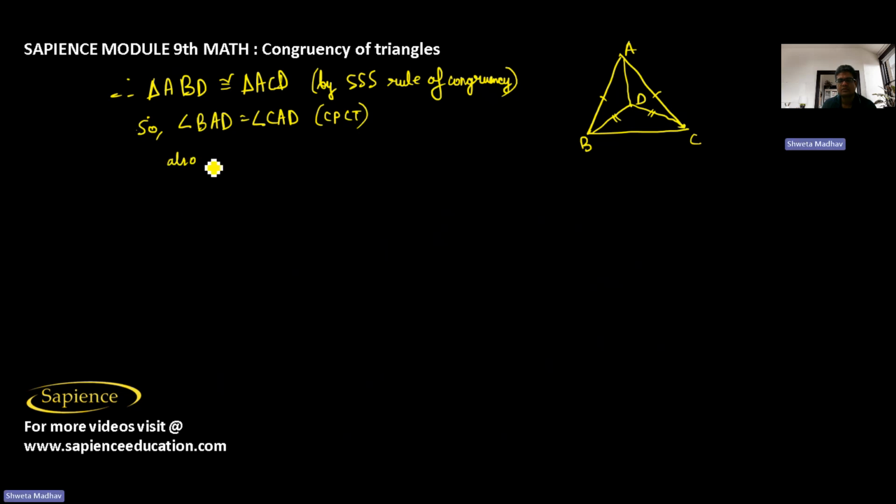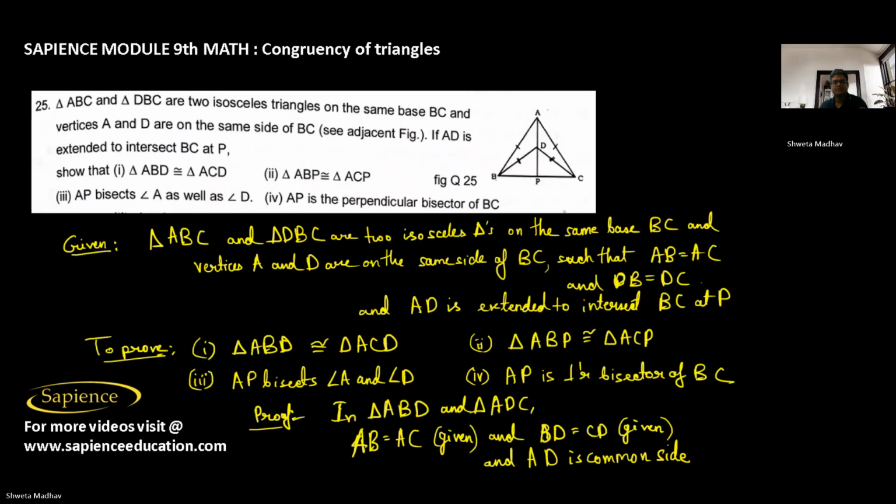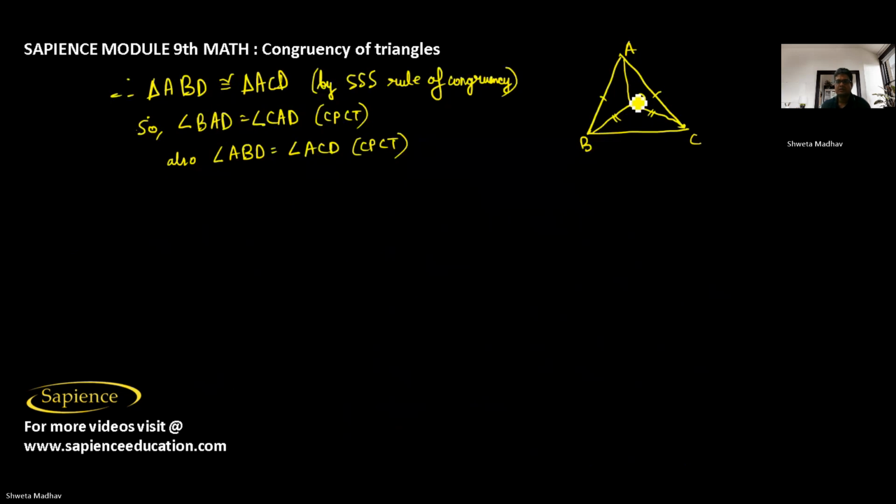And also we can see that angle ABD is equal to angle ACD by CPCT. And this is extended to P also. So now here it means we have proved part 1. The subpart 1 has been proved.